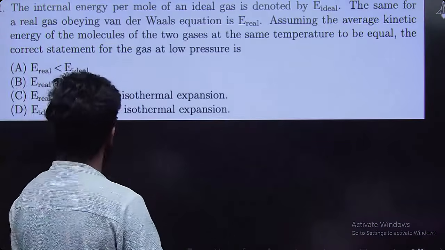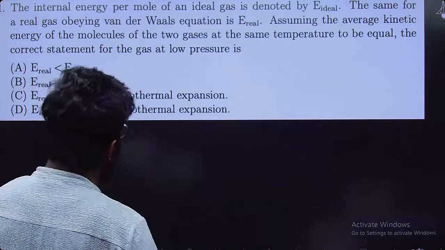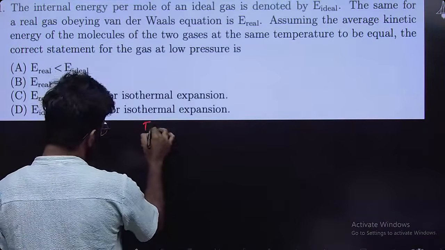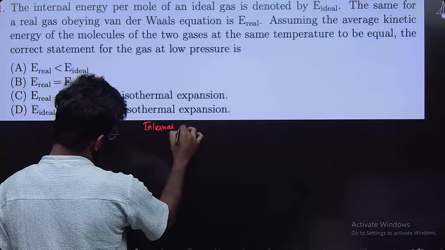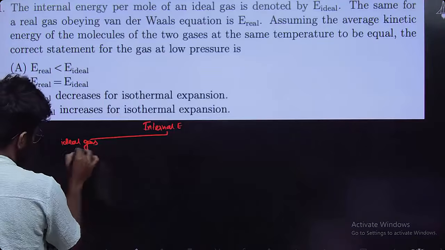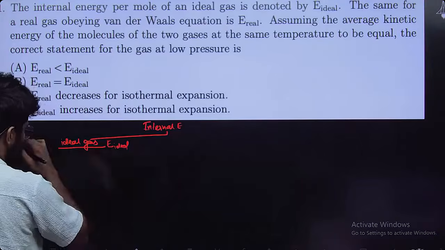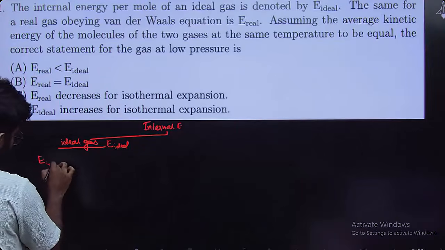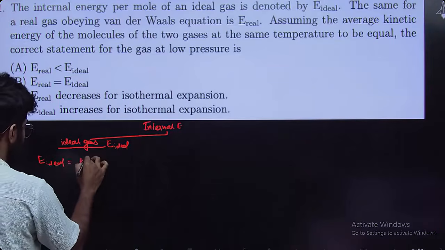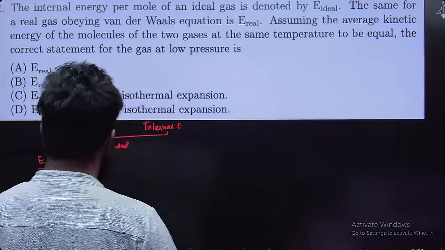Assuming the average kinetic energy of the molecules of the two gases at the same temperature to be equal, the correct statement for the gases at low temperature or low pressure is, so basically see, the internal energy for an ideal gas, if you represent it with E ideal, is directly proportional to the kinetic energy, so we can simply write E ideal as nothing but the kinetic energy of the system, right?